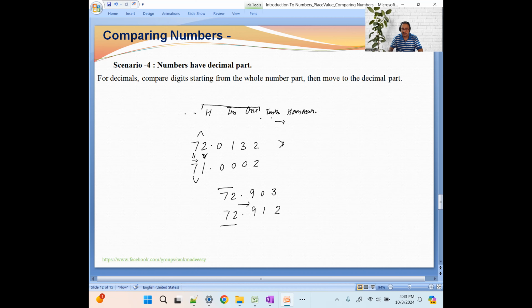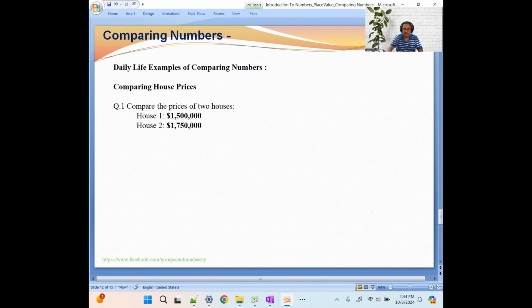So the first digit on the right-hand side in both numbers is equal. Keep on moving. The second digit in the first number is 0, while the second digit in the second number is 1. So by analyzing so far, you can say the second number is greater than the first number. Hope this is easy to understand. If any doubt, please post your comment and I will come back to you.